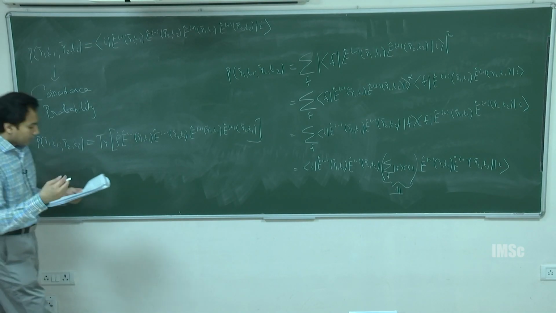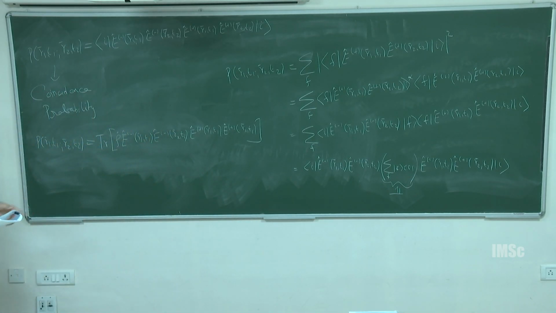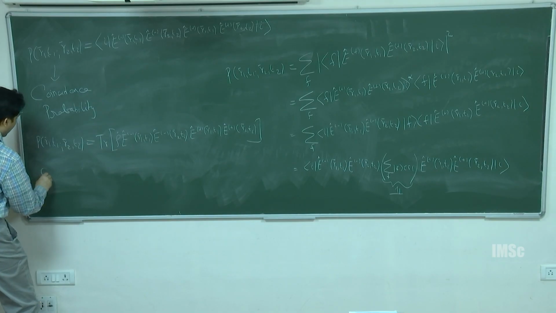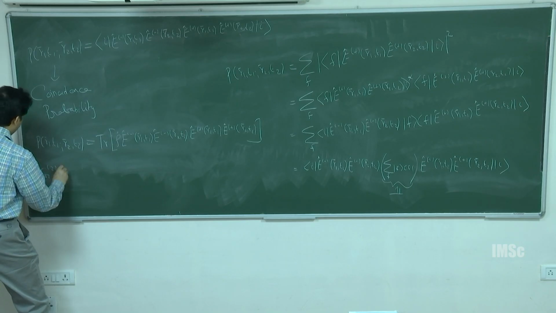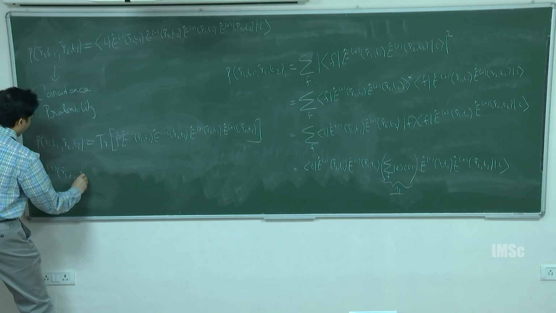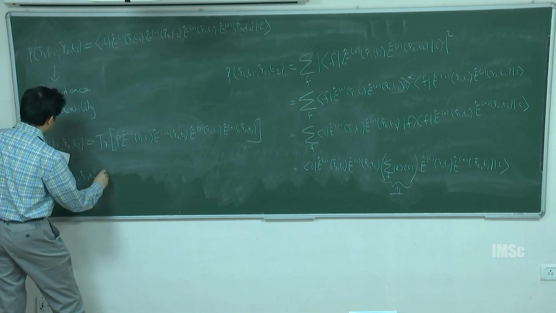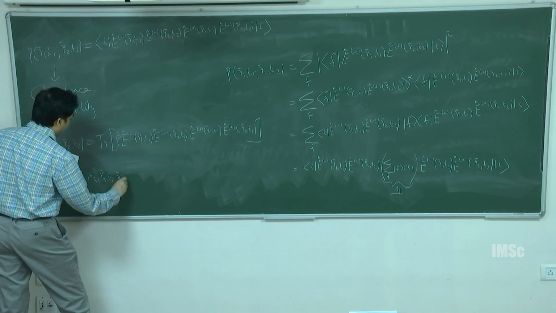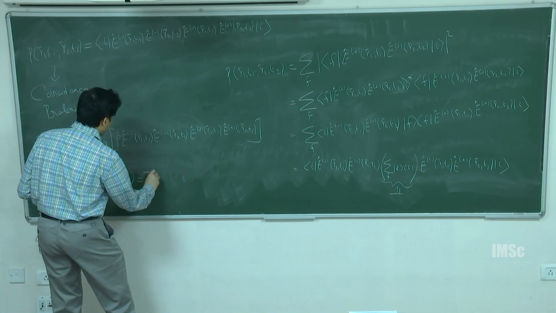So, can we then study the correlations at various space-time points? The answer is yes. So, in order to calculate, say you have four space-time points. What is this?